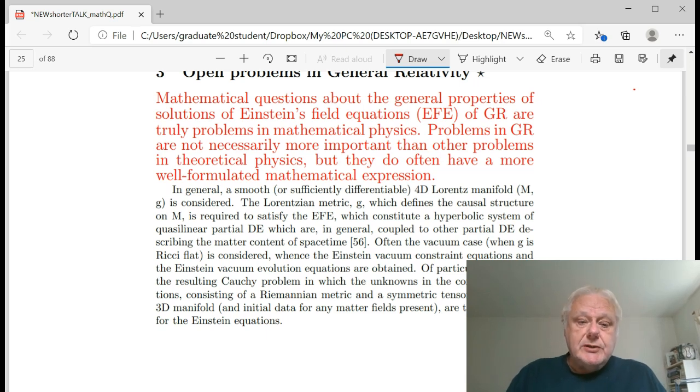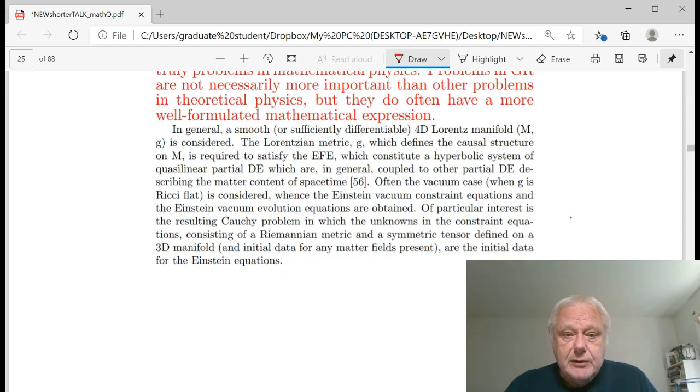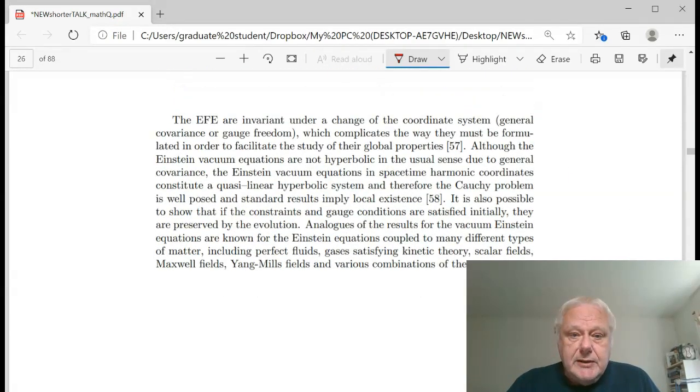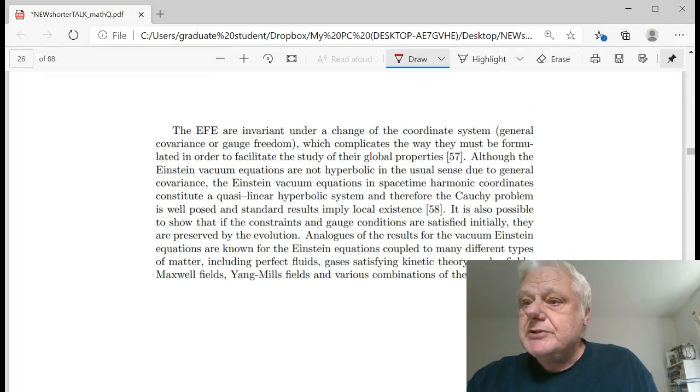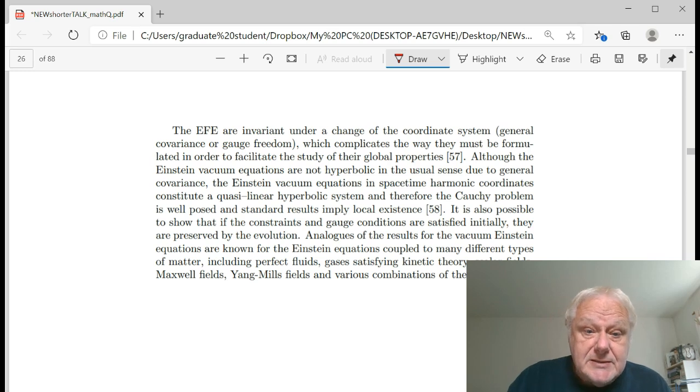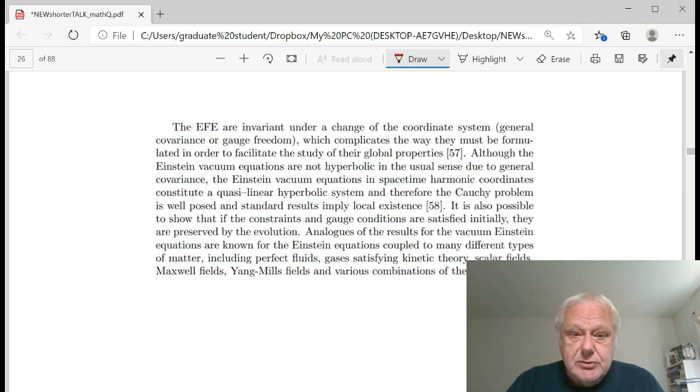Within this context, once you've set it up as a rigorous mathematical problem, you can actually pose and attempt to answer various types of mathematical questions. Now, as I said, I'm not going to try to go into too much detail. There are a number of problems that arise. Some of them are differential geometry problems in the sense that the Einstein field equations are generally covariant, independent of coordinate choices, which raises some issues.